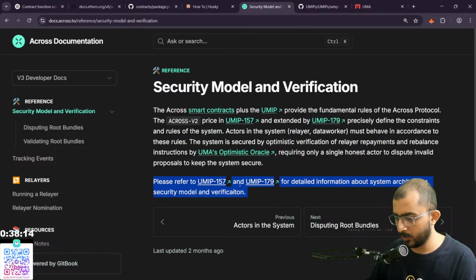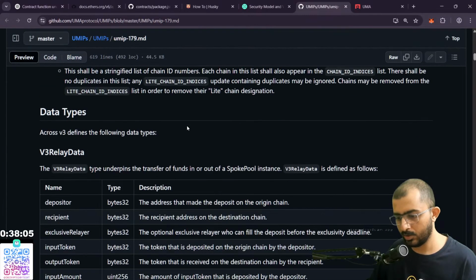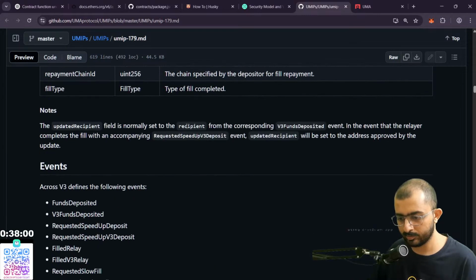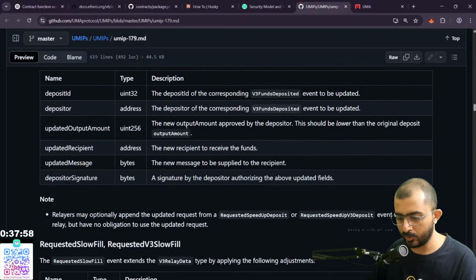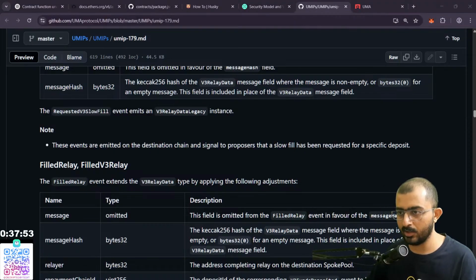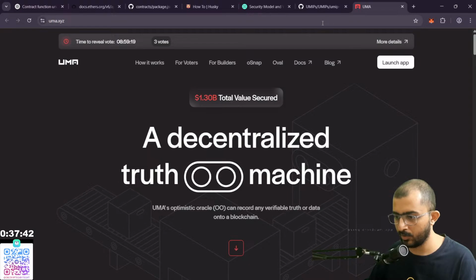Please refer to these two improvement proposals for detailed information about system architecture, security model and verification. Okay, that's cool. Let's see. Okay, this is not interesting to read on stream. You guys can read it here. I'll send both the links in the chat. Okay, why?